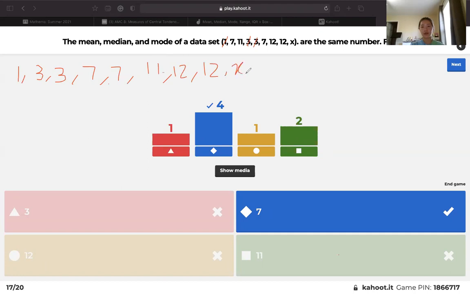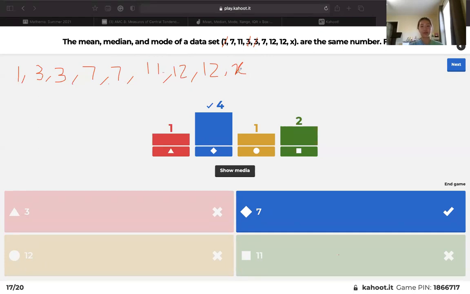And there's nothing in this problem that tells us that X has to be the largest number. It can be anywhere in this data set. So first we find the median. X can be either after the median, before the median, or it can be the median.